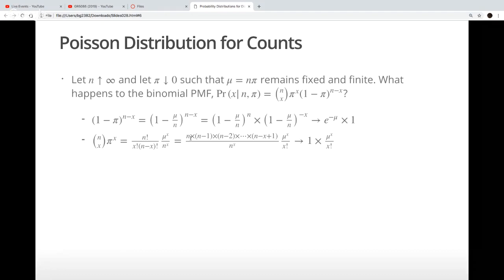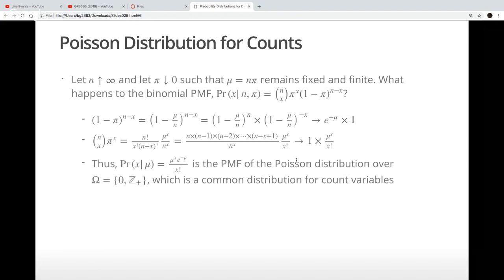The ones that are left over are n times (n minus 1) times (n minus 2), etc., to (n minus x plus 1). And so the numerator is going to be a polynomial in n, where the leading term is n to the x. And then in the denominator, we also have n to the x. And so as n goes to infinity, that's going to approach 1 from below, leaving the piece on the right, mu to the x over x factorial.